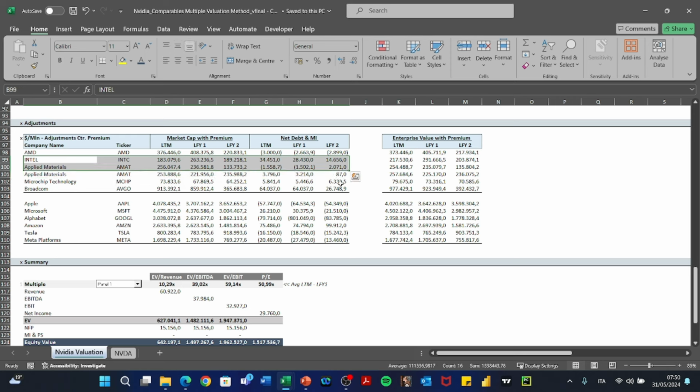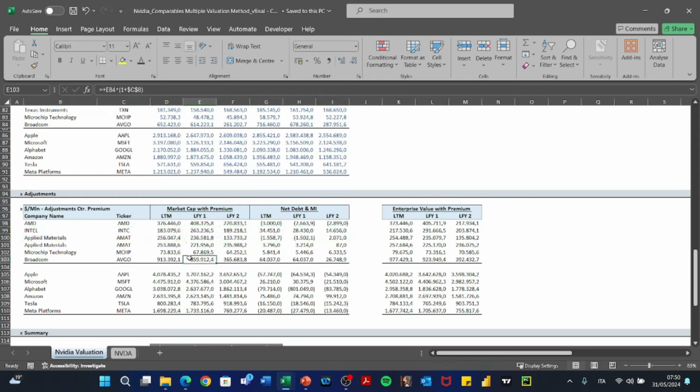This is a basic comparable multiple model, so I won't make big adjustments to the denominator or numerator of the multiples. I'm just adding a control premium to the market cap as an adjustment to the model.